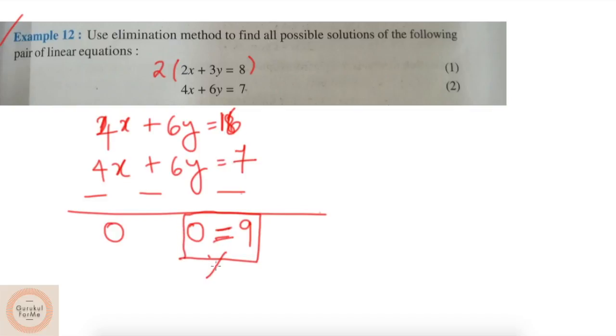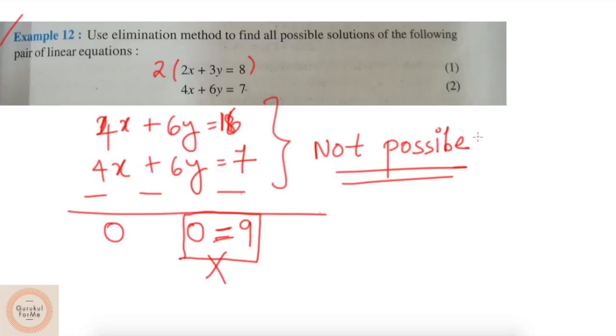This is not mathematically possible. Since this is not mathematically possible, we know that it is not possible to find the answer, and hence there is no solution to this.